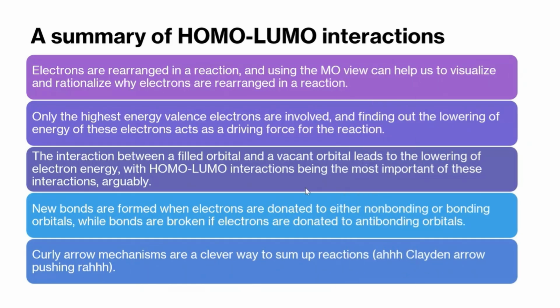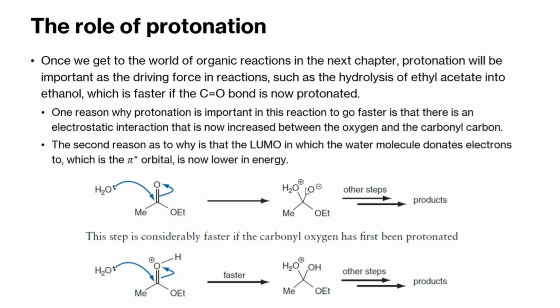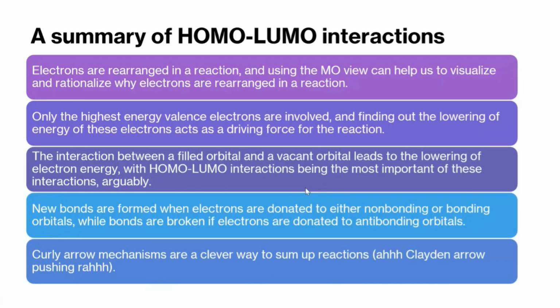And then we talked about how HOMO-LUMO interactions are important, and how new bonds are formed when electrons are donated to either bonding or non-bonding orbitals, while bonds are broken if electrons are donated to antibonding orbitals. And then we talked about how curly arrow mechanisms are a clever way to sum up reactions. But don't forget angle of attack.